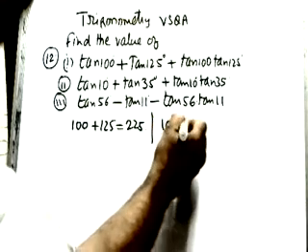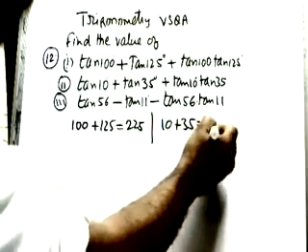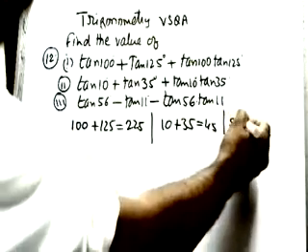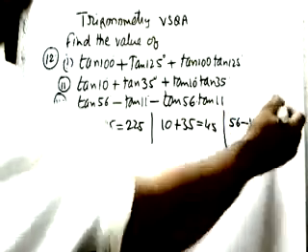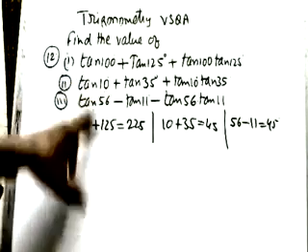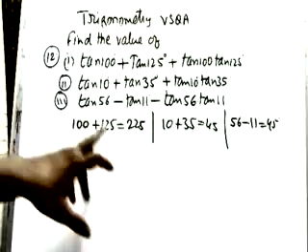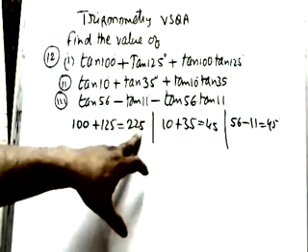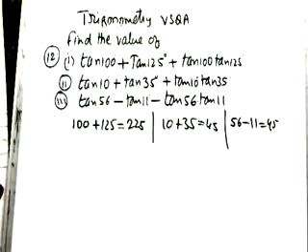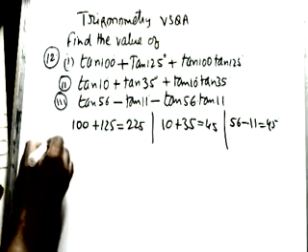In the second question: 10 plus 35 equals 45. In the third question: 56 minus 11 equals 45. This is the method for this type of questions.